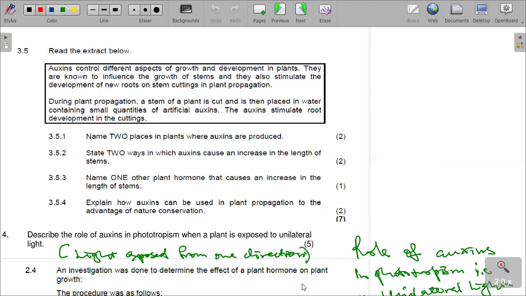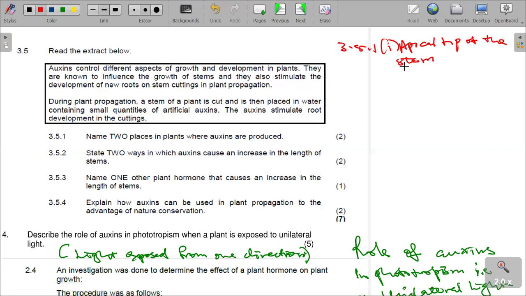Question 3.5.1, name two places in plants where auxins are produced. Where do we have auxins being produced? They are produced at the apical tip of the stem. One, apical tip of the stem.